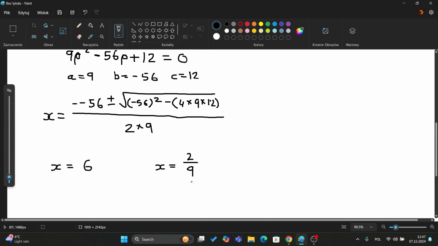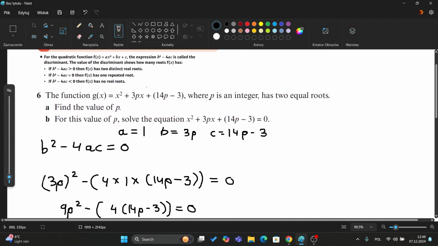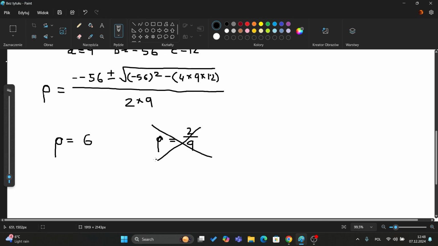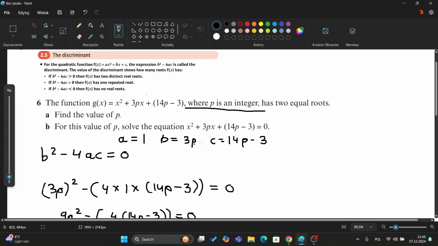And the following answers are x equals 6 and x equals 2/9. Now I have made a mistake because this should not be x, this should be the value of p that we are working out. So it says in the question that p is an integer. Therefore, 2 over 9 cannot be the case, and p equals 6 is the answer for A.